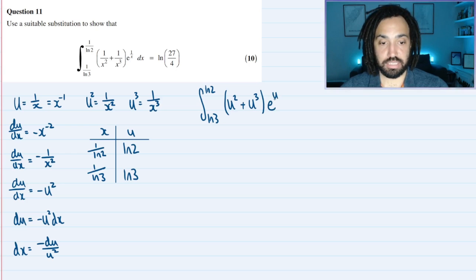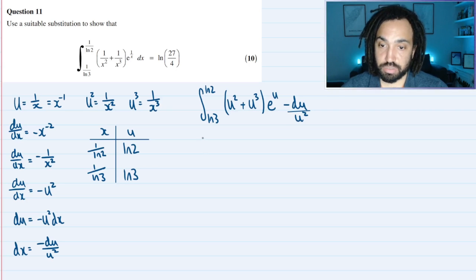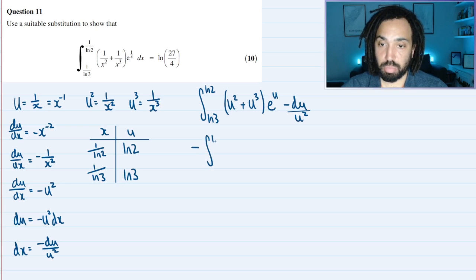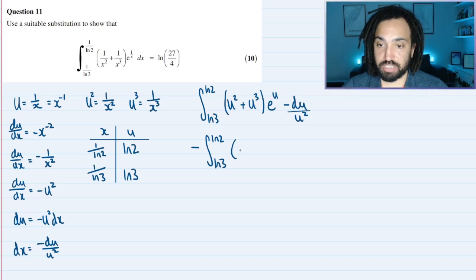And the dx is minus du over u squared. Okay, well, let's divide by u squared into this bracket to cancel that, and let's also take the minus outside. So dividing through by u squared gives me in this bracket 1 plus u, e to the u, du.